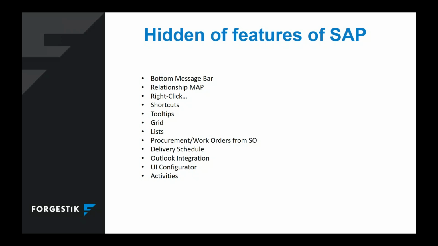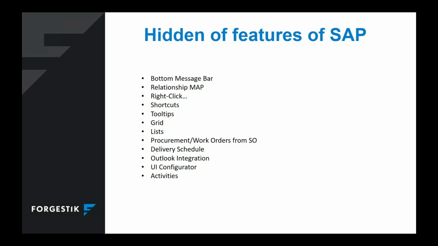So I will try to cover these topics: the bottom message bar, some features of the relationship map, what you can find at the right click of your button, shortcuts, the tooltip feature of SAP Business One, some features about grids and your list.